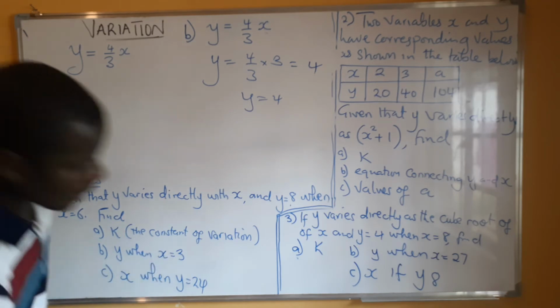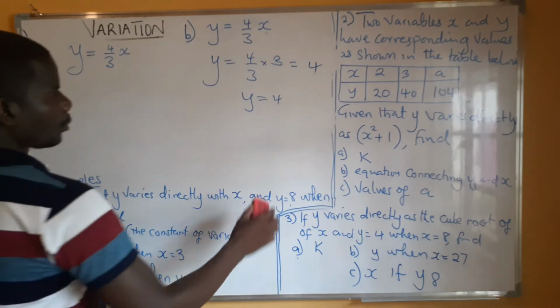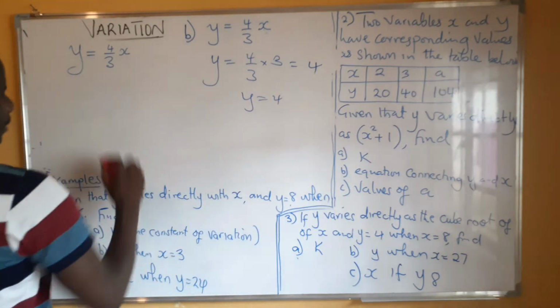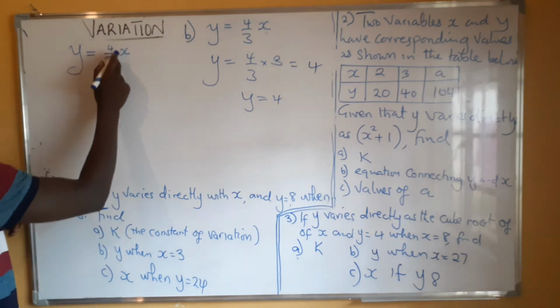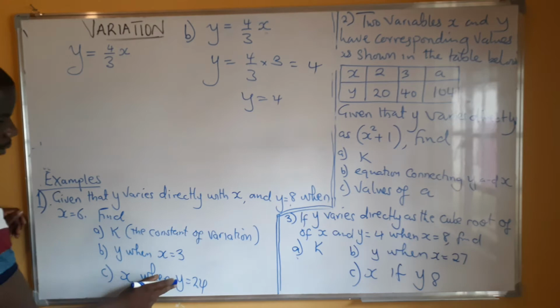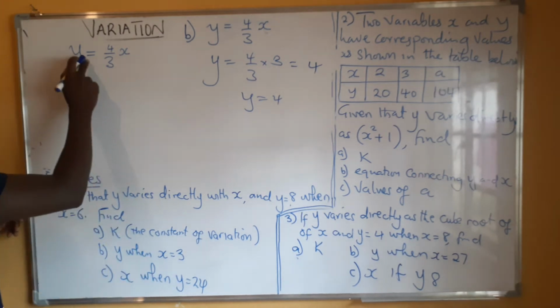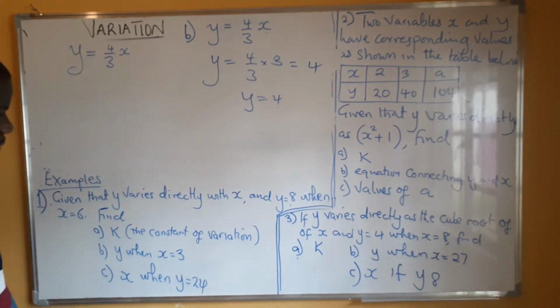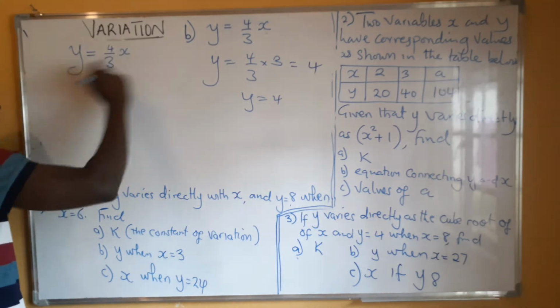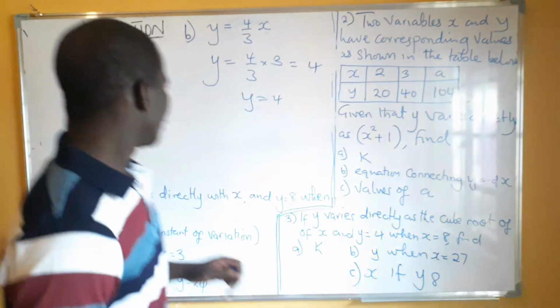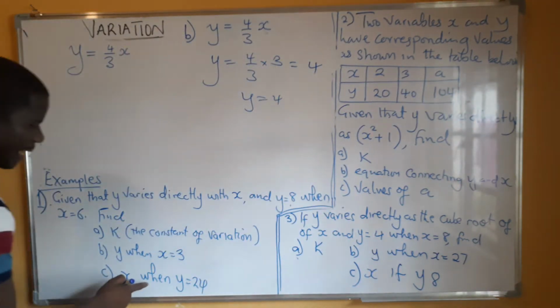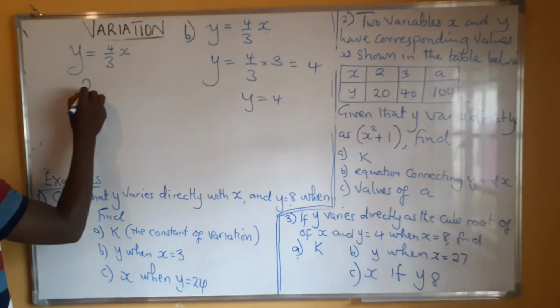All right? Then let's come to the other one here. Find the value of x when y is equal to 24. So we are using this same equation, where we have replaced the constant. Where we have y, we write 24.